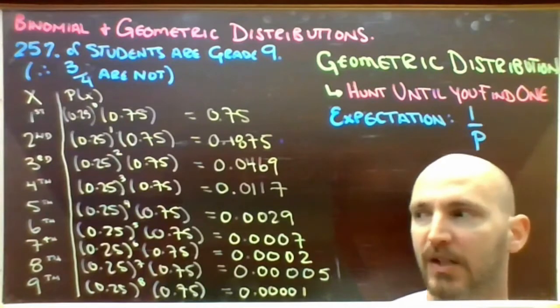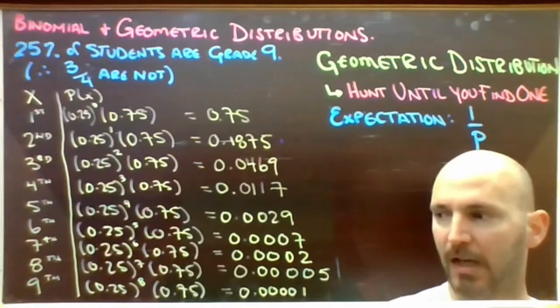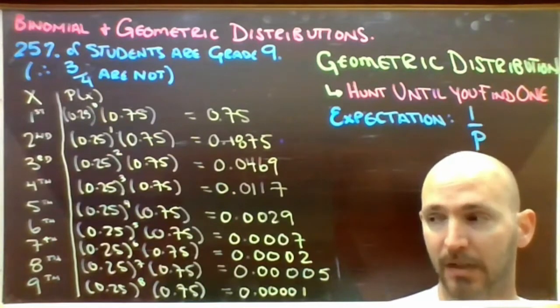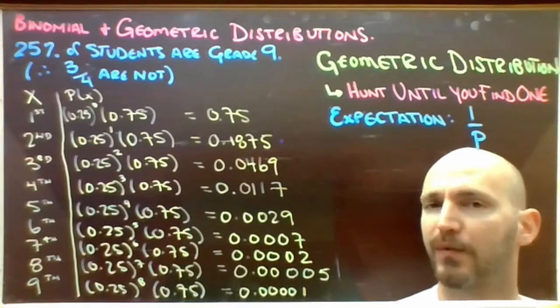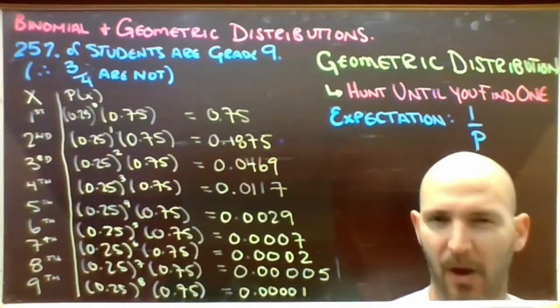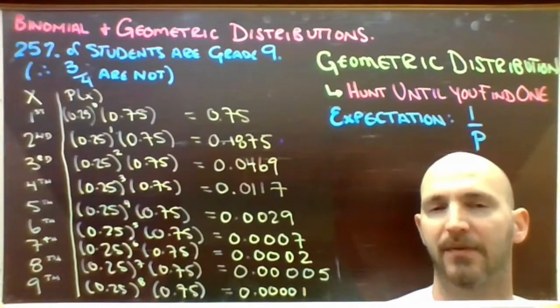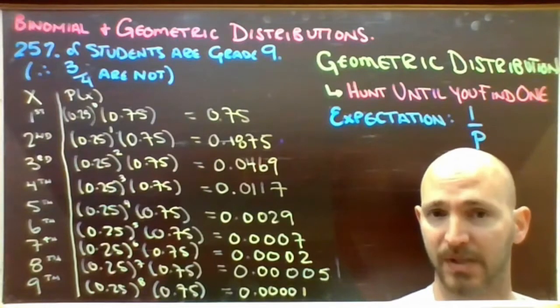So if you were trying to hunt for, let's say, left-handed people, you're going to walk through the room until you find a left-hander. The probability of a person being left-handed is about 15%.